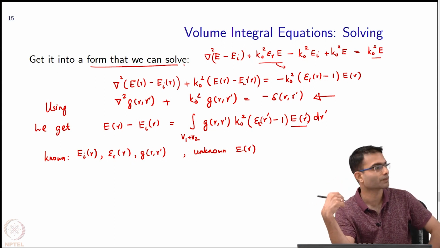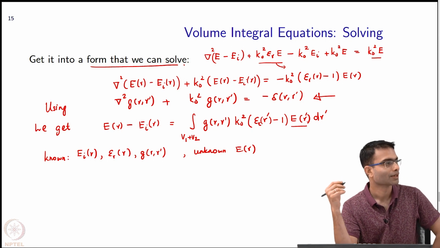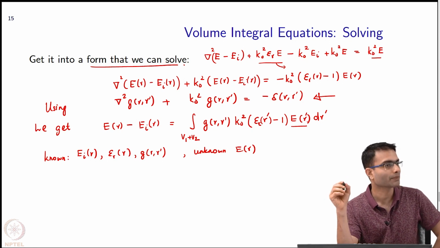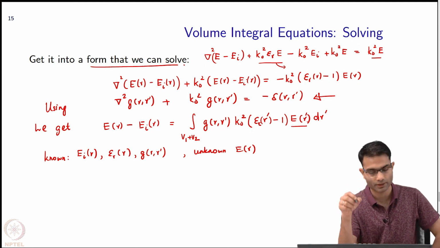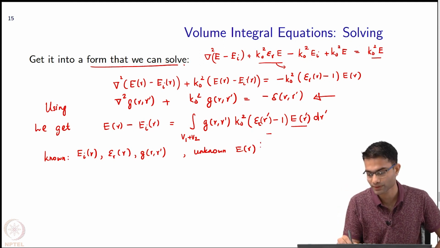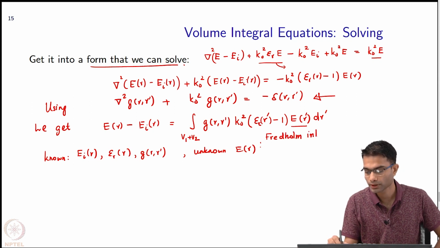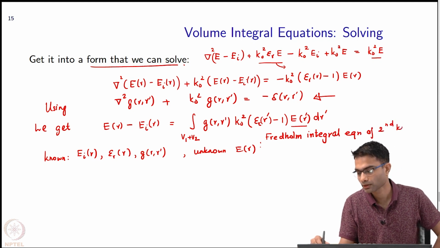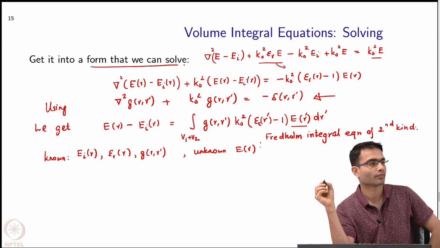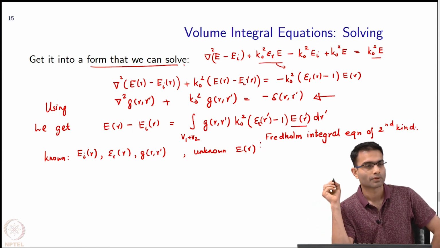It is a Fredholm integral equation of the second kind, because the unknown is both inside and outside the integral sign. So, we will just make a note of this. This is a Fredholm integral equation of second kind. This is what the math people call this equation.